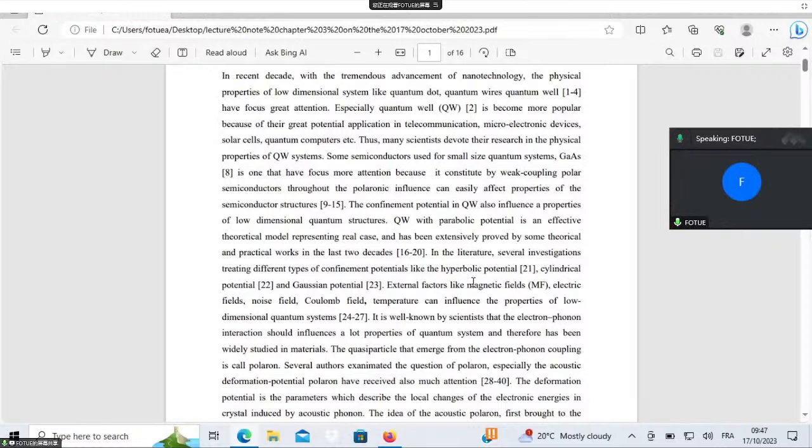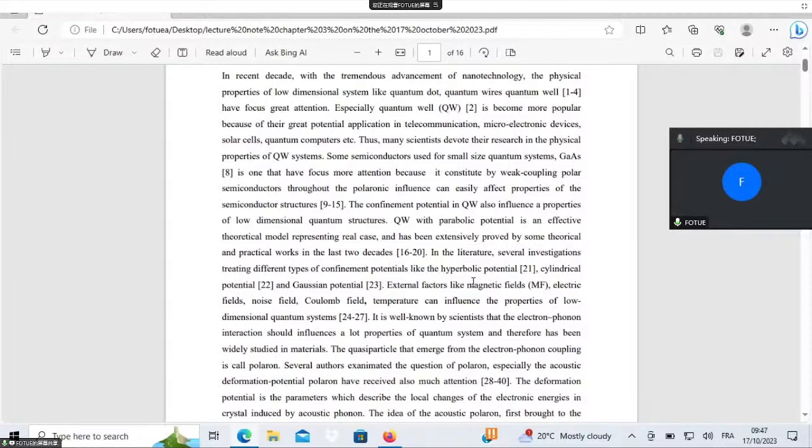So we can see, for example, in the literature, that many people are focused on confinement potentials like the hyperbolic potential. We can also see the cylindrical potential and the Gaussian potential. But we should realize that for all those potentials, the potential with more variation parameters will exhibit the real property of the structure.